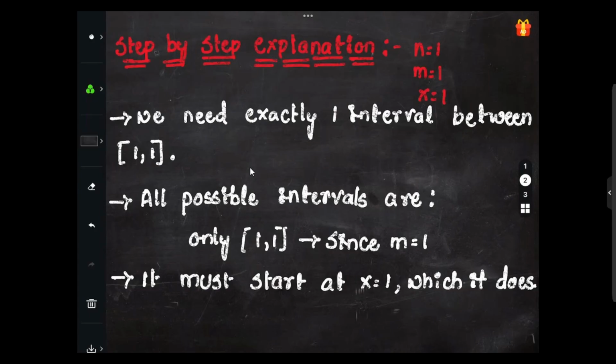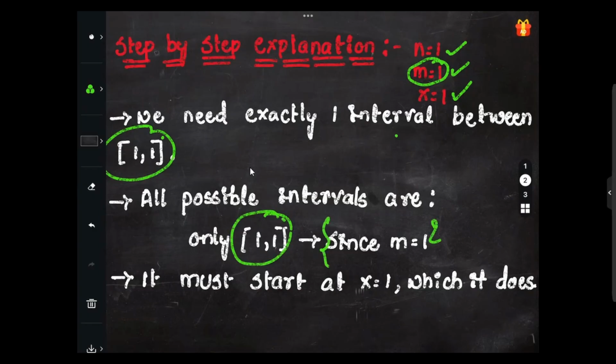We are considering the input n equals 1, m equals 1, and x equals 1. So we need exactly one interval between 1 comma 1. All the possible intervals are this one. Here we have only 1 comma 1, because m we have been given 1, and n and x are 1 as well.